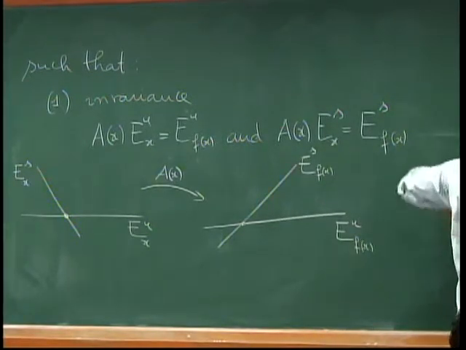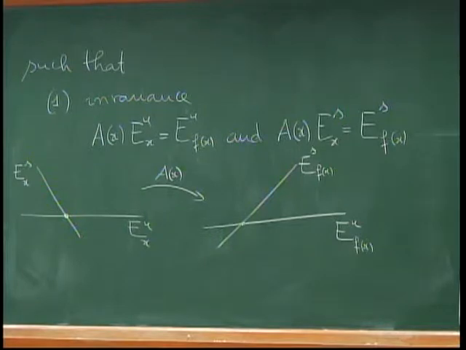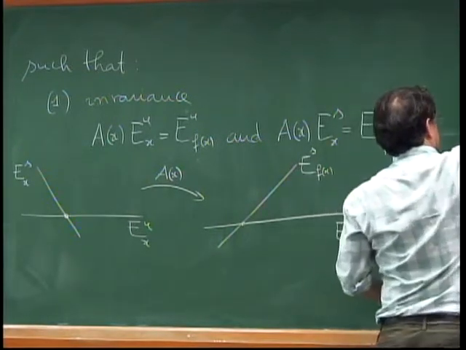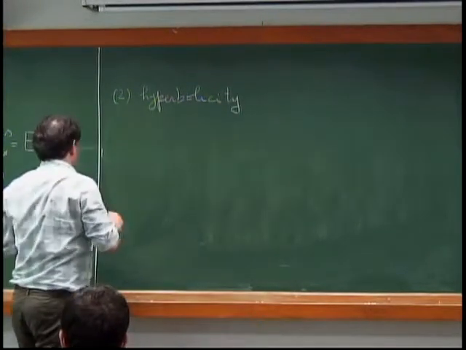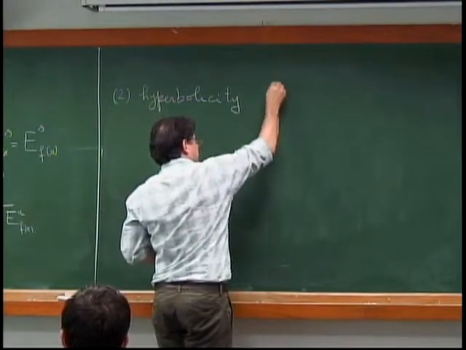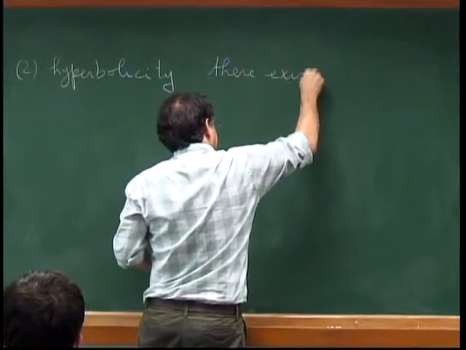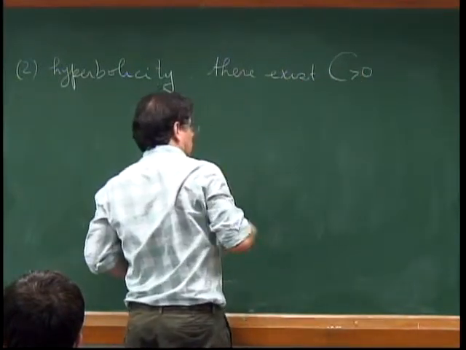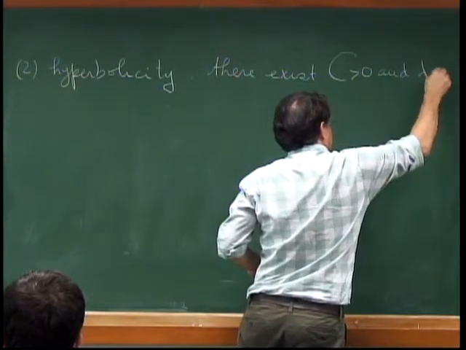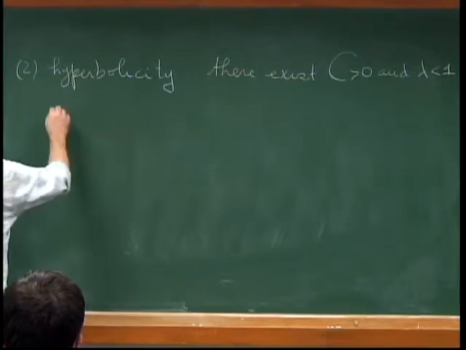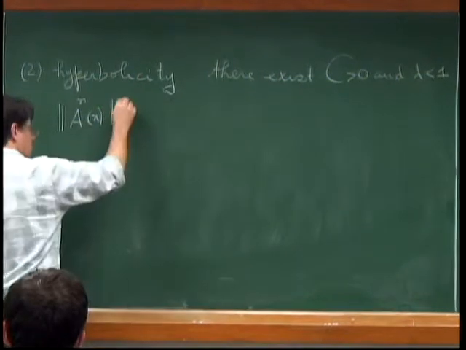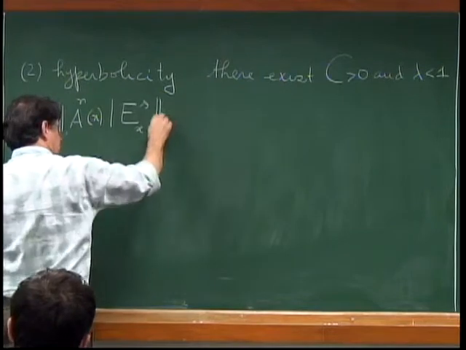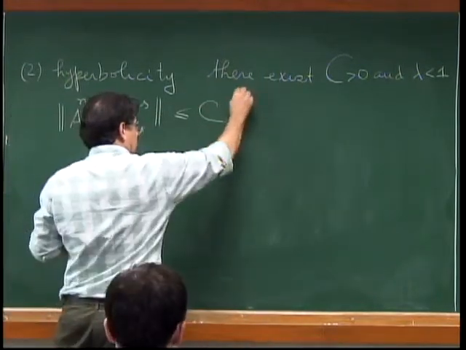That's the first condition. The second condition is called hyperbolicity. And it says that there exist constants c and lambda such that the norm of A^n(x) restricted to E^s(x) is less than c lambda^n.